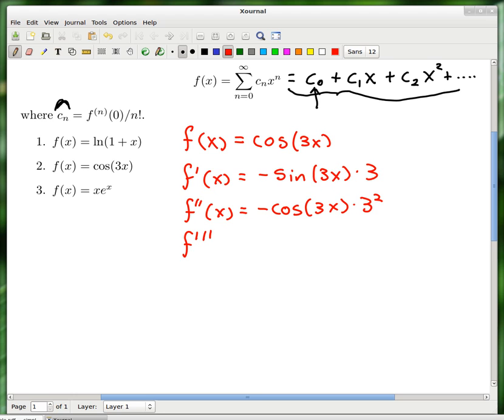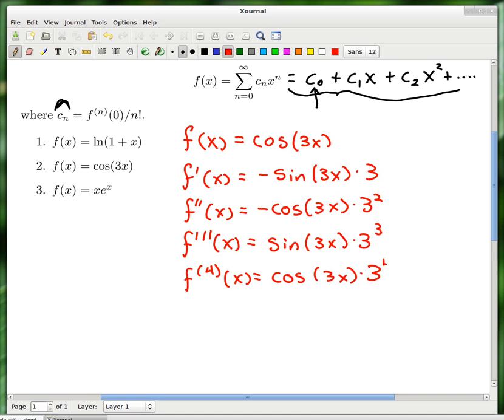So now take 3 derivatives, and you get sine of 3x. But it spits out another 3 by the chain rule, and so now you have 3 cubed. Alright, and so now when we get to the fourth one, the cosine part, that cycle is over. This is starting over again at cosine 3x. But meanwhile, we've picked up 3 to the fourth power, right?